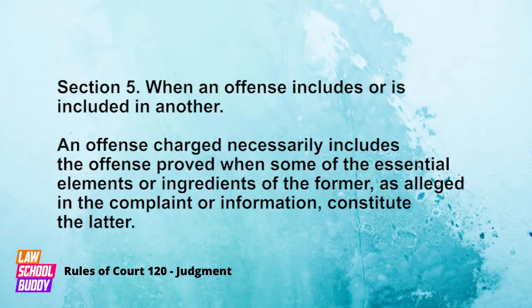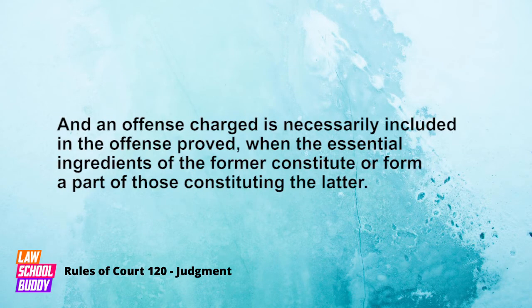When an offense includes or is included in another. An offense charged necessarily includes the offense proved, when some of the essential elements or ingredients of the former, as alleged in the complaint or information, constitute the latter. And an offense charged is necessarily included in the offense proved, when the essential ingredients of the former constitute or form a part of those constituting the latter.